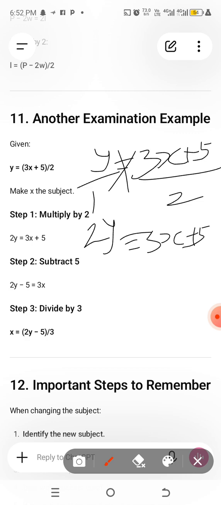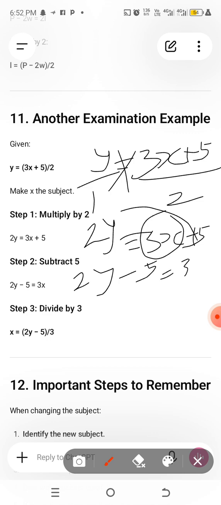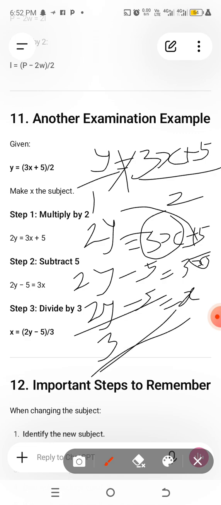So what again? They ask you to make x the subject of the formula, so you must make this 3x stand alone. So this 5 will come here. That will be 2y minus 5 equal to 3x. Then we must make this x stand alone. That will be 2y minus 5 over 3 equal to x. So this is the answer.